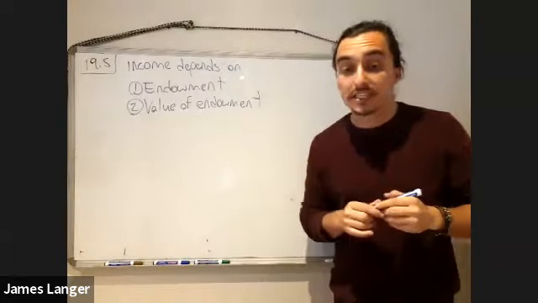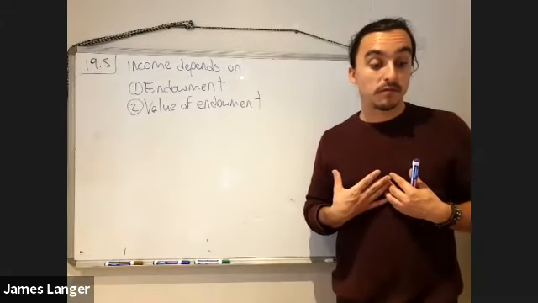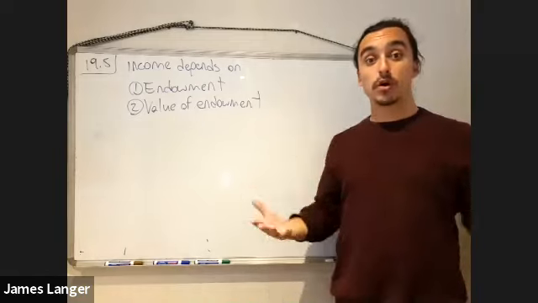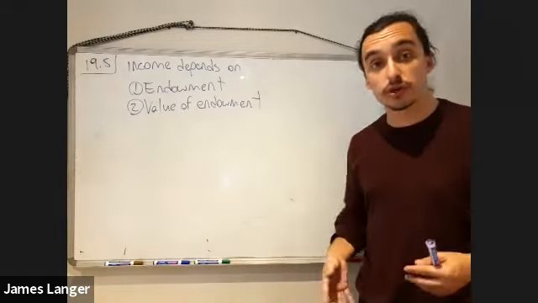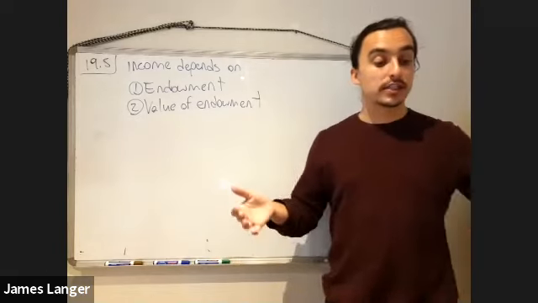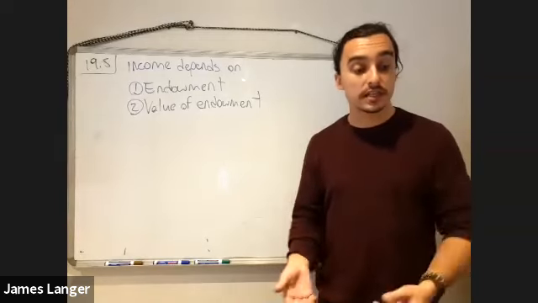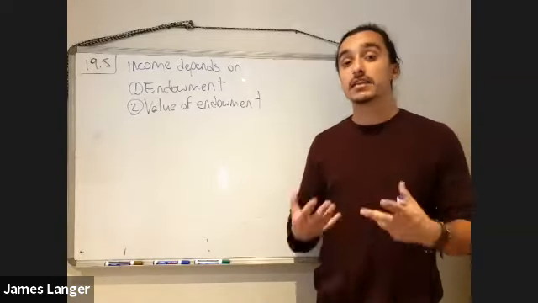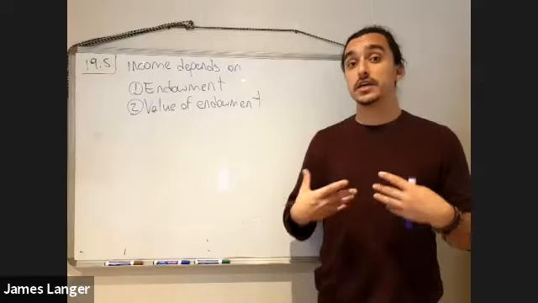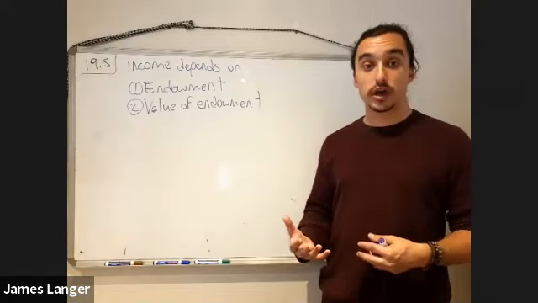Okay, so what is your endowment? That's everything that you receive, right, by just being you, by being born into the family you were, in the country you were, and etc. So your endowment is going to be your wealth. It's going to be your human capital. It's going to be your race. It's going to be gender. It's going to be your citizenship. It's basically anything that you kind of just inherit by being you, okay? And has some influence on your income.